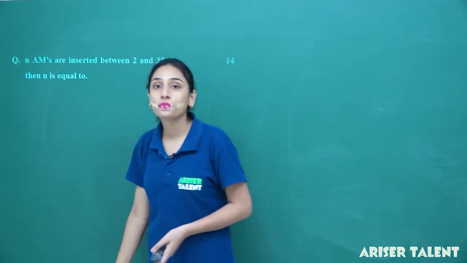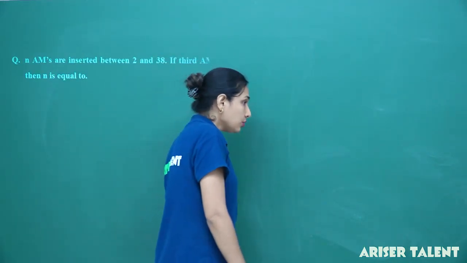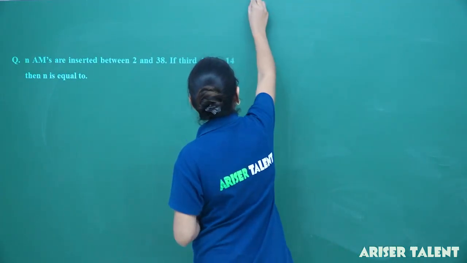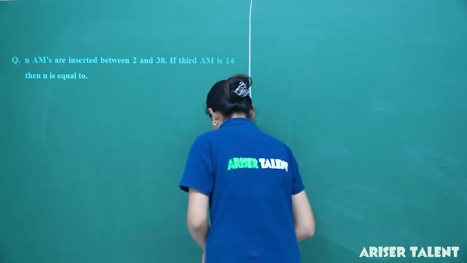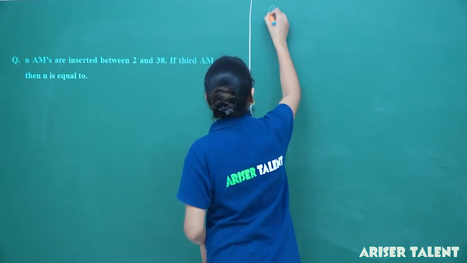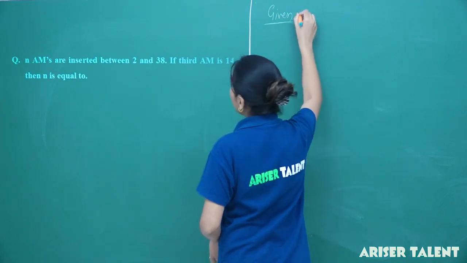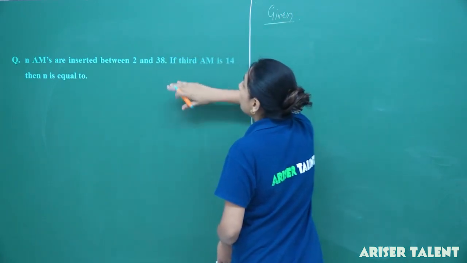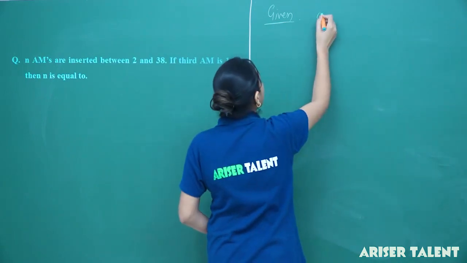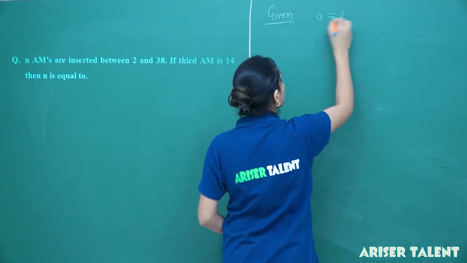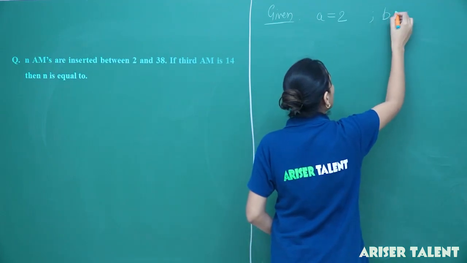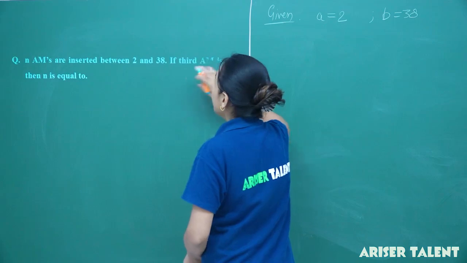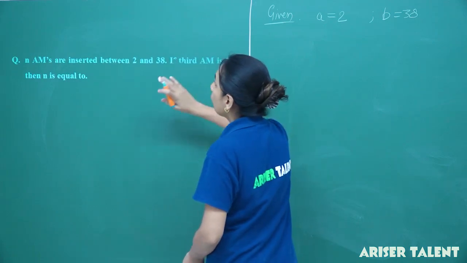So in this particular question, what have you been given? n AMs inserted between 2 and 38, so A is 2 and B is 38. Now the third AM is 14.